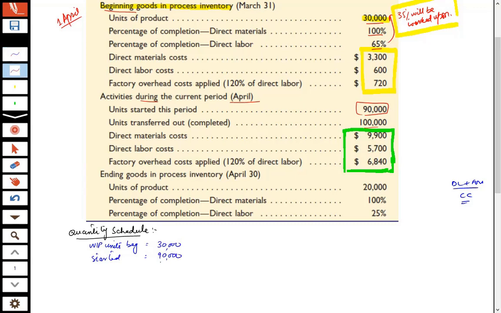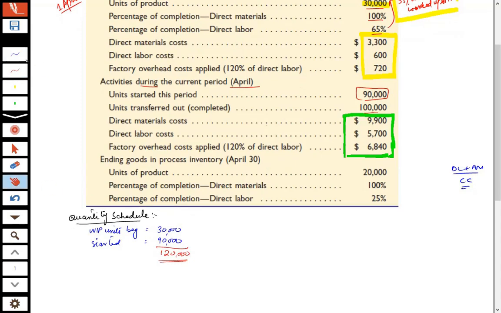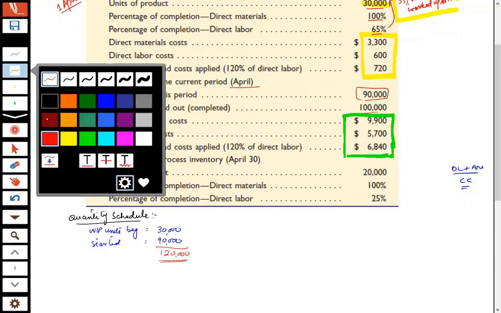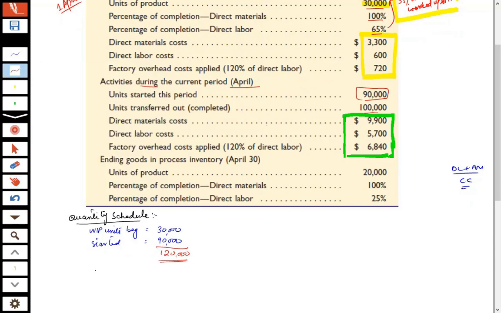So in effect, we had a total of 120,000 units. Clear? Then out of these 120,000 units, the completed units were transferred. So we will write it as transfer out.